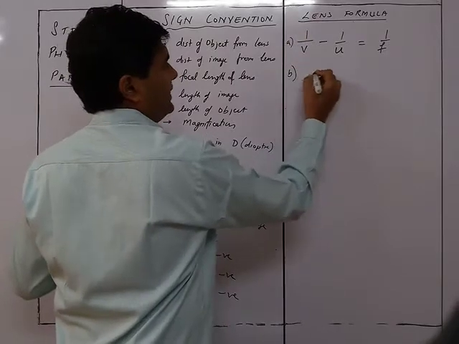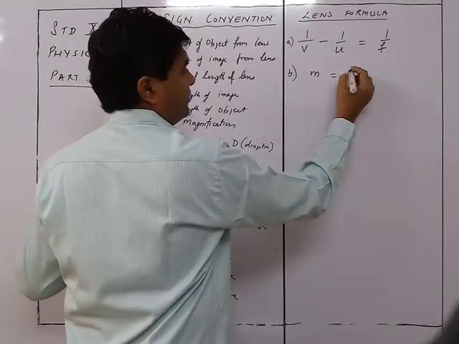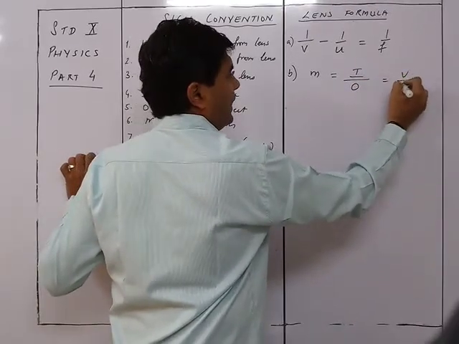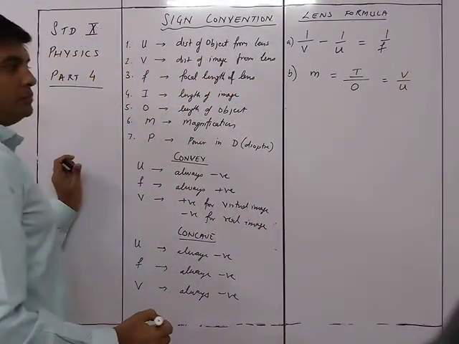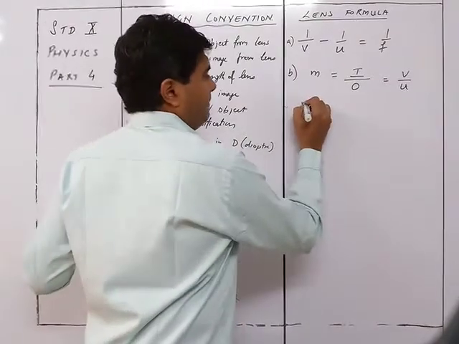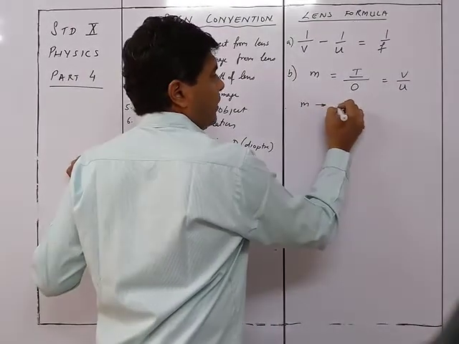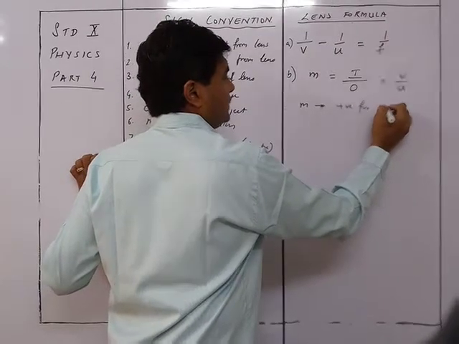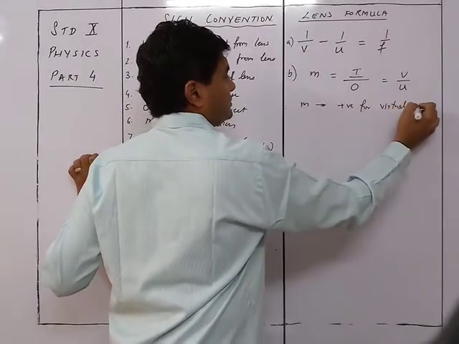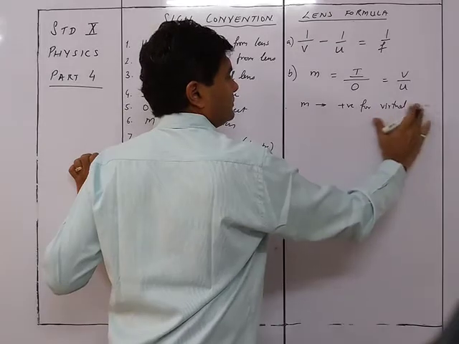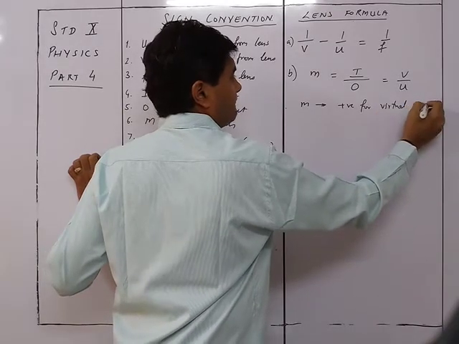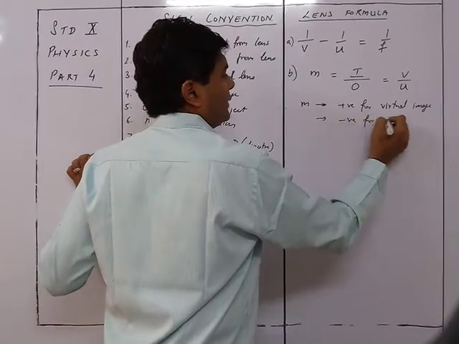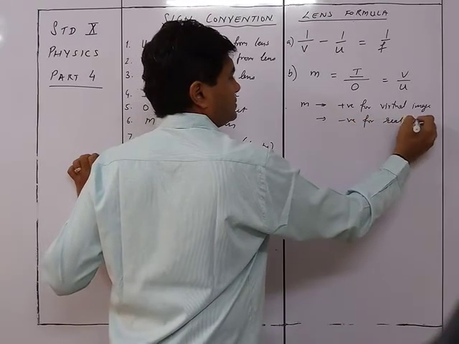The next formula is M, magnification, is equal to I upon O is equal to V upon U. Here M is positive for virtual image and negative for real image.